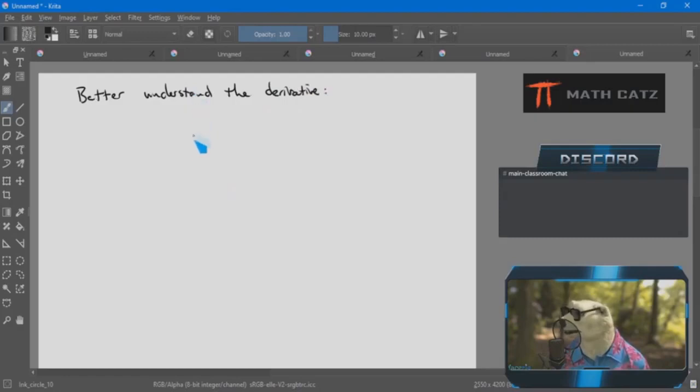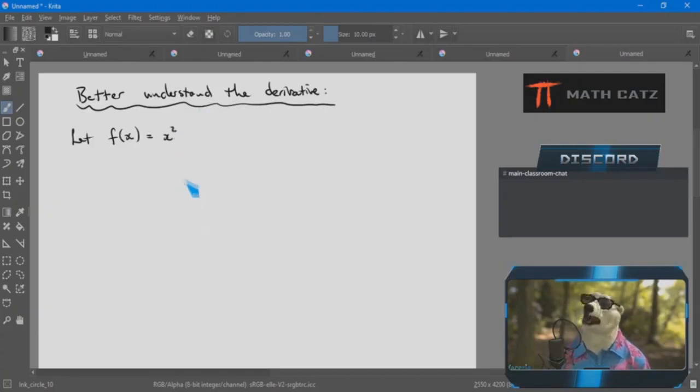Well, a good first attempt is to make the function just super simple and familiar. Let's take f of x as my square function, my basic quadratic function. And now ask, okay, well, let's look at this function.